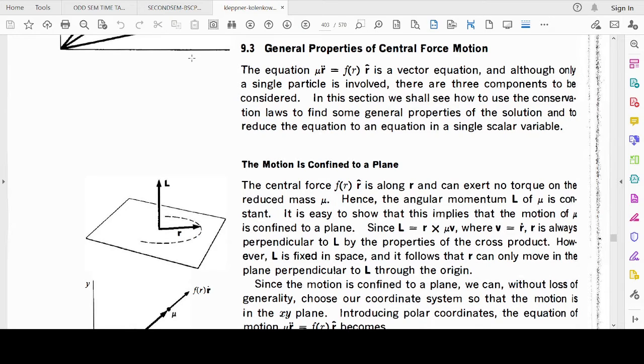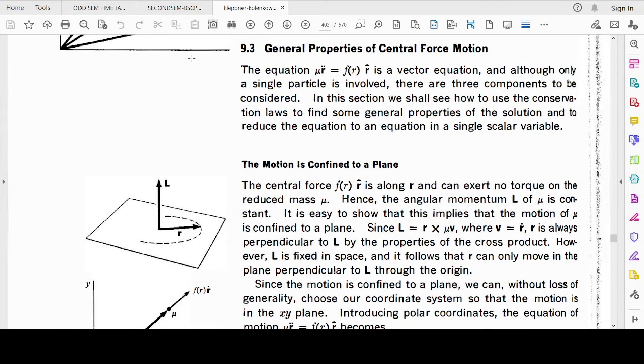Now r is always perpendicular to the L. Why? Because a cross b is perpendicular to a and b. Therefore we can say L is always perpendicular to r. That is the property of the cross product.